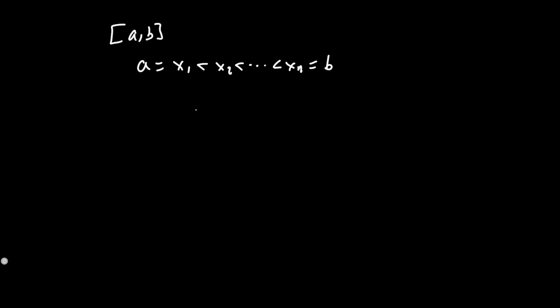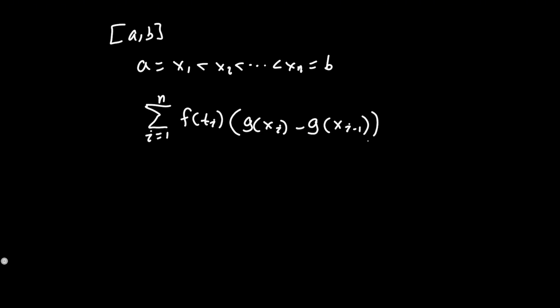All these partitions become a sum, where we have our sum for the Stieltjes integral from i equals 1 to n of our function f of ti times g of xi subtracted by g of xi minus 1, where ti is some point in the interval xi minus 1, comma, xi.